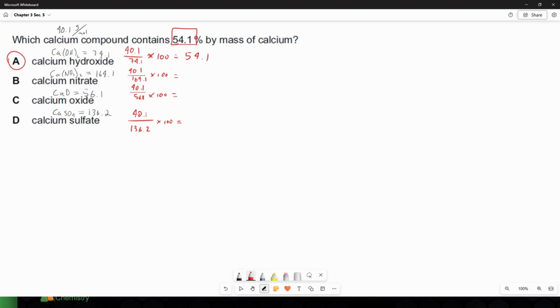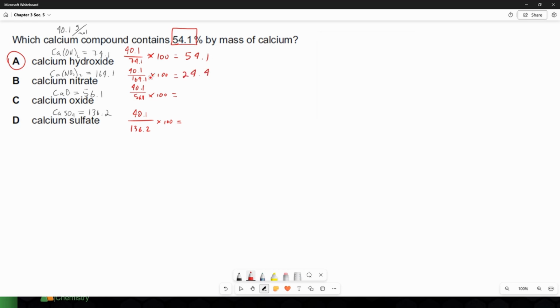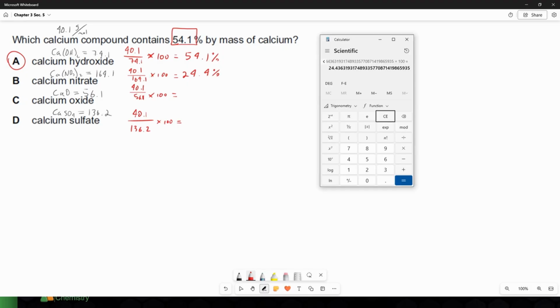But just for the fact of learning, if we do all of this, 40.1 divided by 164.1 times 100, this will be 24.4. And again, these are the percentages by mass. If we did calcium oxide, we will have 40.1 divided by 56.1 times 100, which is 71.5%, because again, rounding.